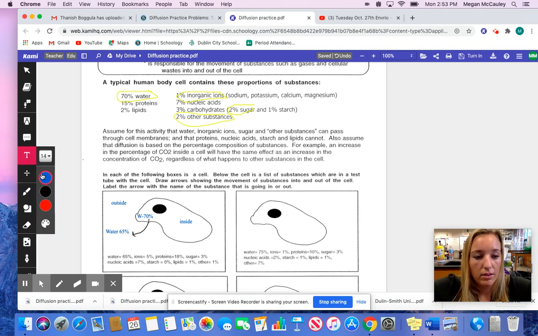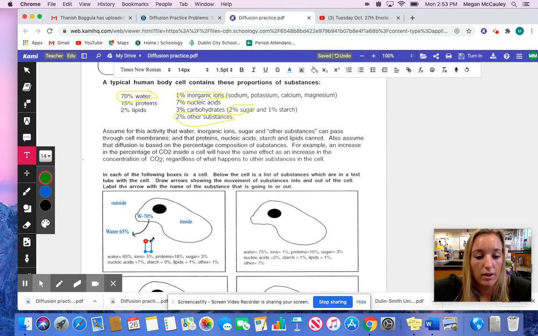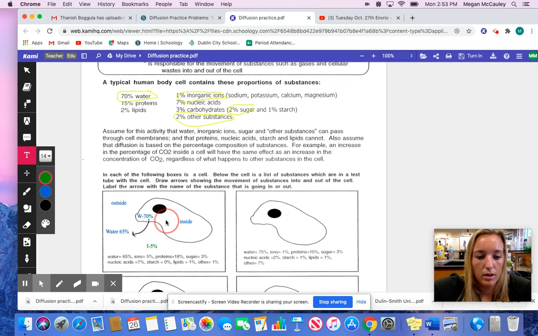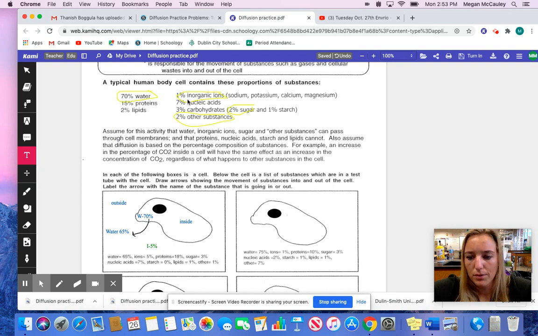Okay? Now let's look at ions. Okay, let's do green. Okay, so our ions are 5% on the outside, in the solution. So I'm going to do big I for ions is 5%. What about inside? Well, sorry, I froze for a second.